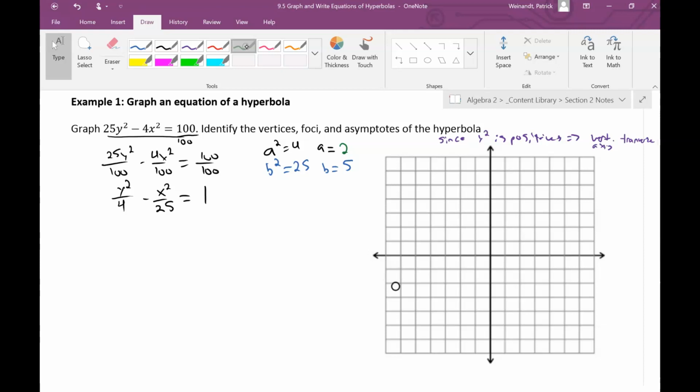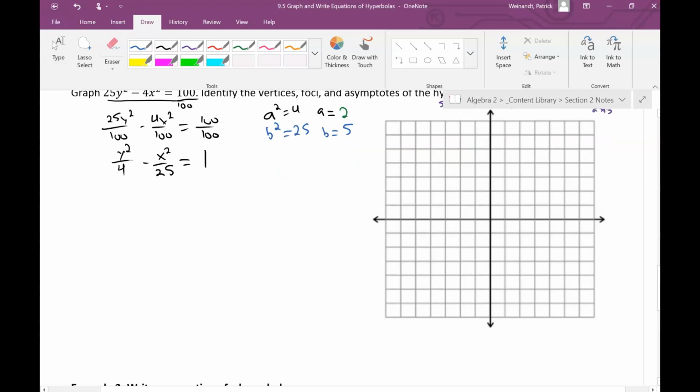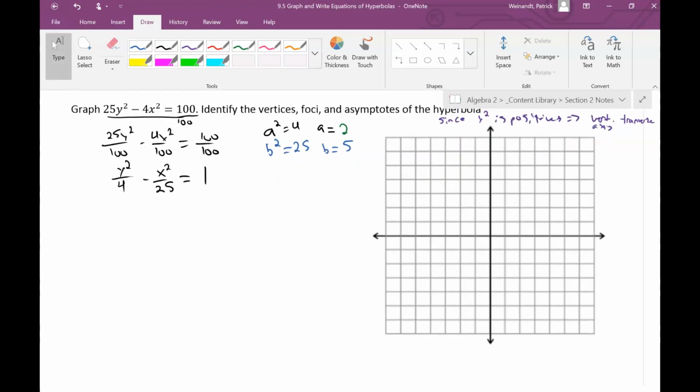Which means the vertices also lie on the vertical transverse axis, so we're going to have 0, positive 2. That's one vertex. This is going to be our other vertex, a distance of 2 from the origin in the negative direction, 0, negative 2.